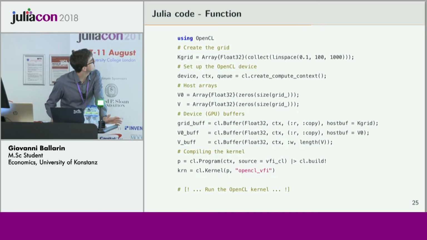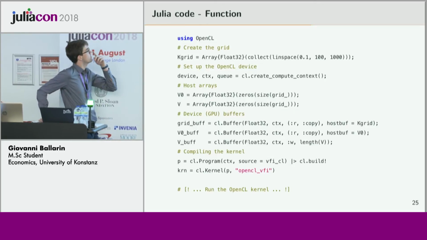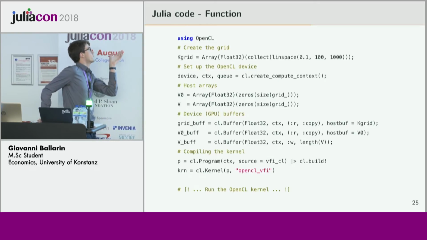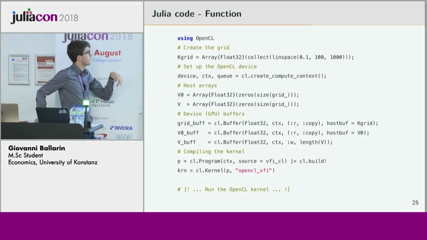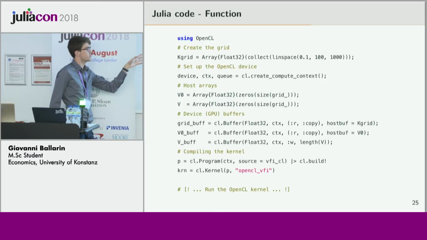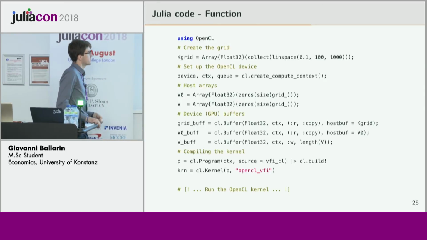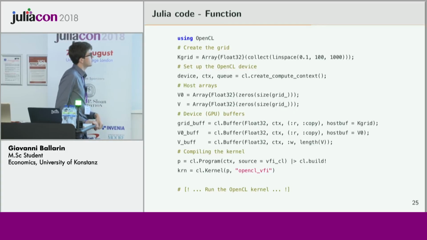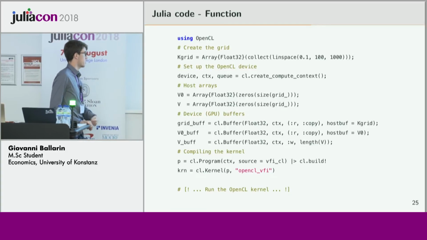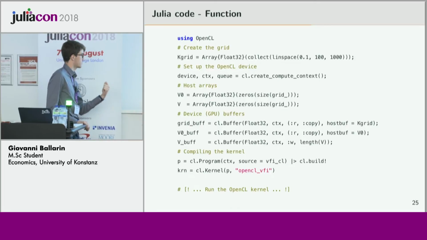So this is the Julia code that works with that code. And so you can see that we're using OpenCL. We do the K-grid, but then we have to create a device, a context, a queue. We have to use float32 because, at least on my GPU, float64 is not supported, so we have to restrict our types. We have to create buffers. We have to copy stuff into the buffers. We have to create the program.